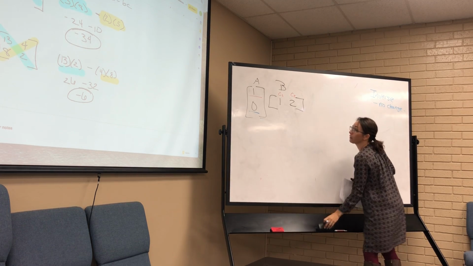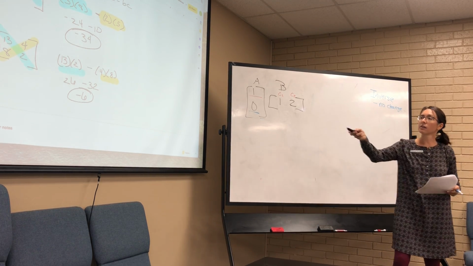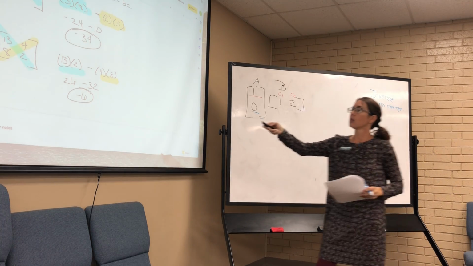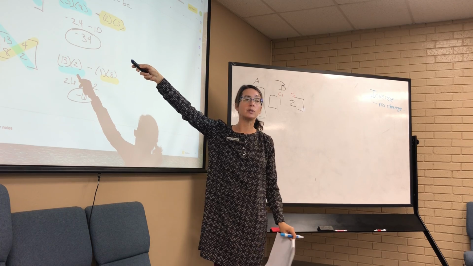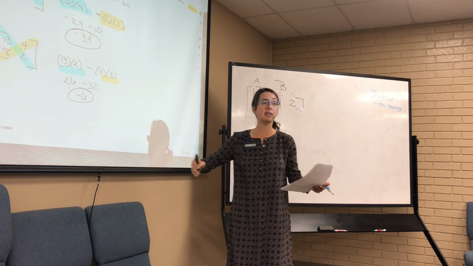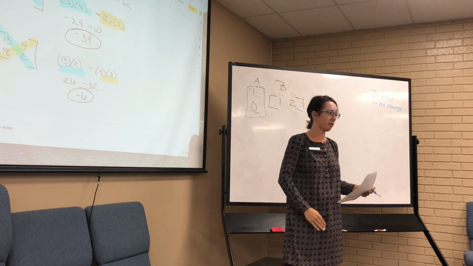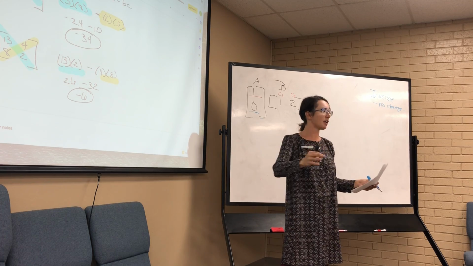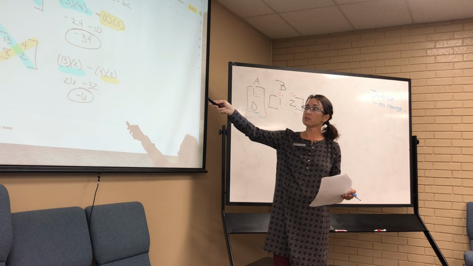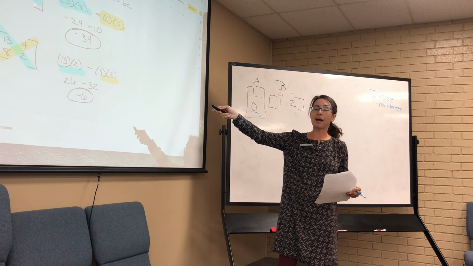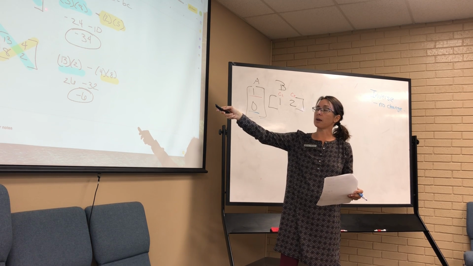So for the first one, we have -3, 2, 5, and 8. The first thing that we're going to do, we always start in the upper left-hand corner. So we always start left to right, and we always work top to bottom. As long as you keep left to right, top to bottom, you can keep everything in order. So we're going to go left to right, down towards positive.